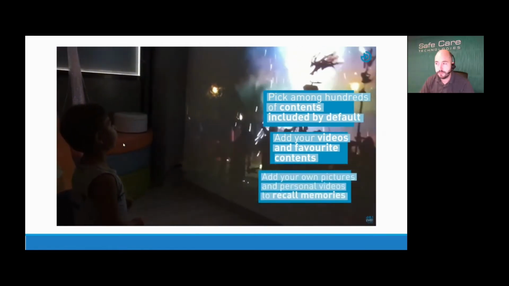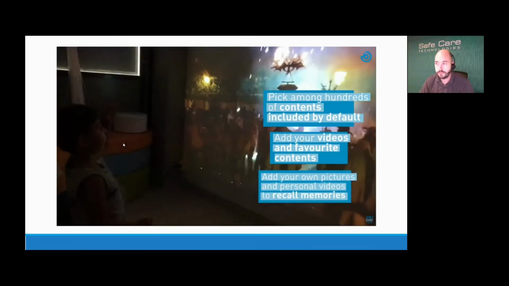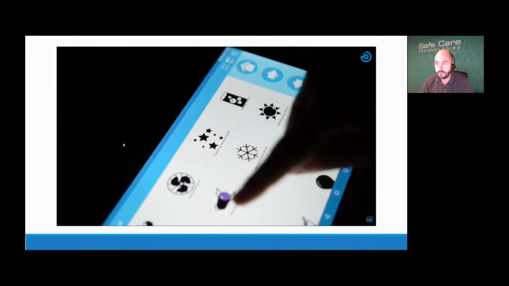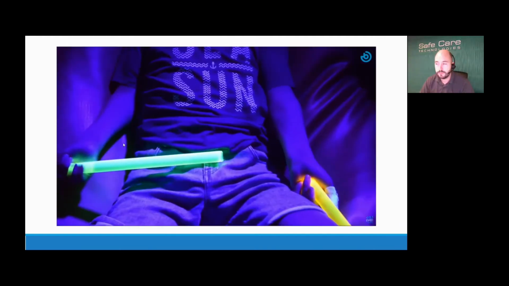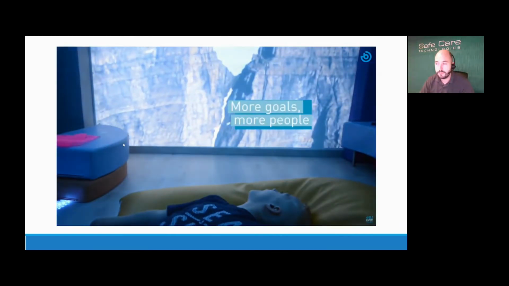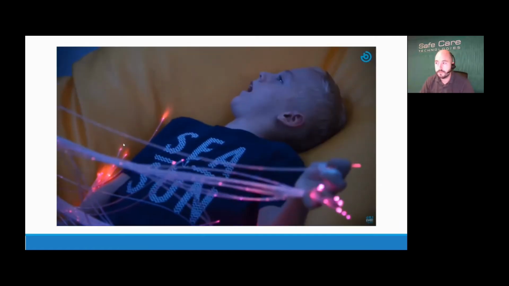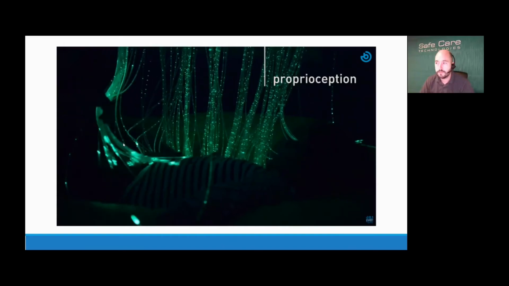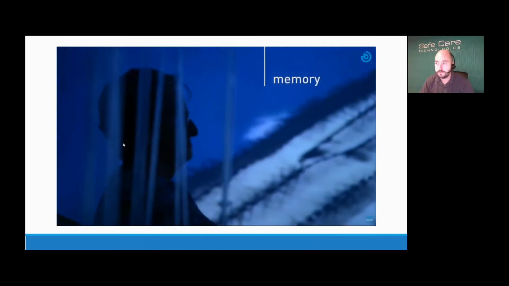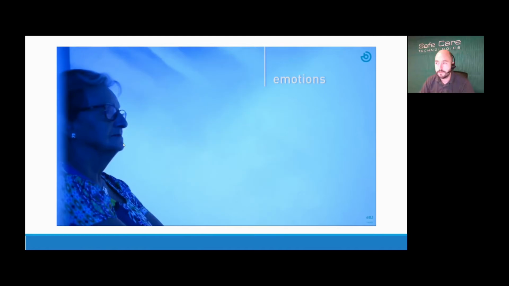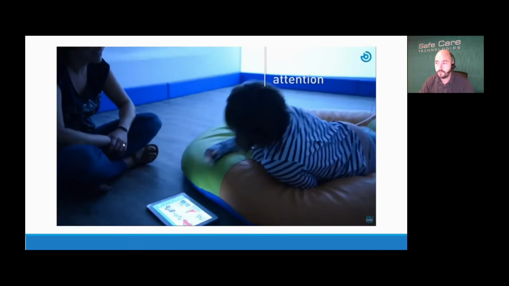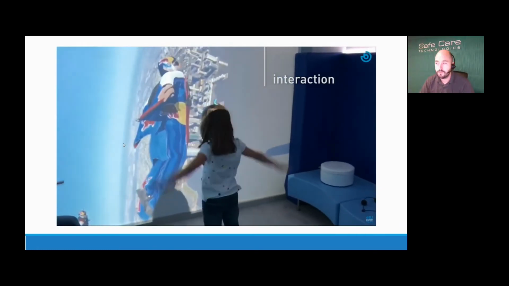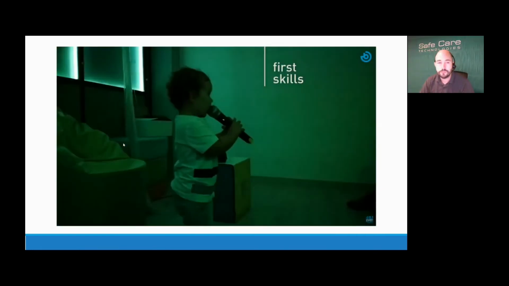SHX rooms stand out because they give you the gift of working easily and simply. You can attend to and help several participants at the same time and work on so many therapeutic goals. For cerebral palsy, for example, therapists can work on fine and gross motor skills and proprioception. For people with dementia, memory and emotions can be handled. For people with ASD, attention and interaction can be developed. And you can also do activities for young infants to cultivate first skills and experimentation.